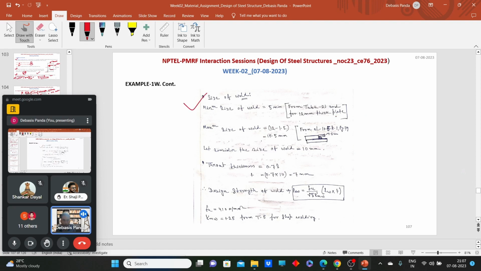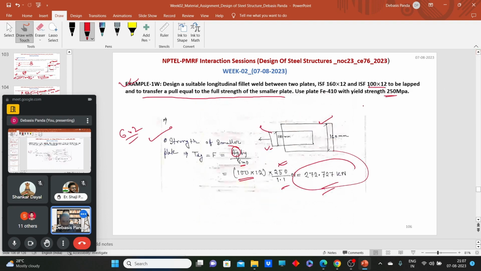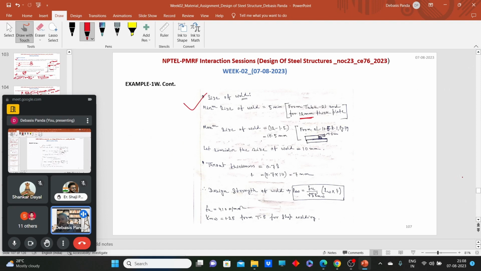So we have two plates of thickness 12 mm and 12 mm. The minimum size of the weld depends on the thickness of the thicker plate. Here we have two plates of 12 mm, so for plates up to 20 mm, the minimum size of the weld should be 5 mm.